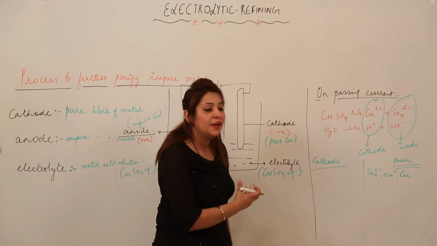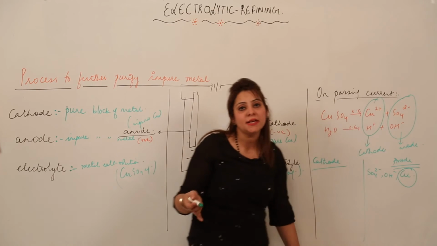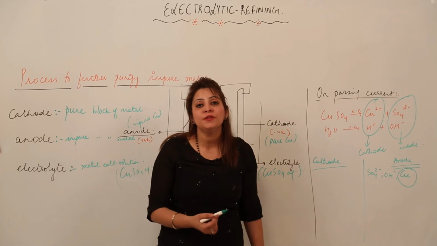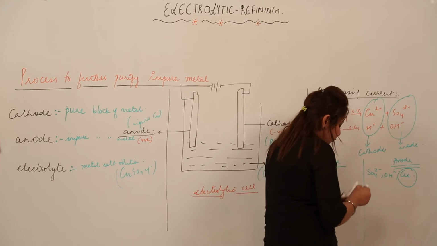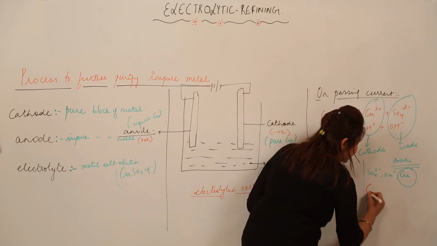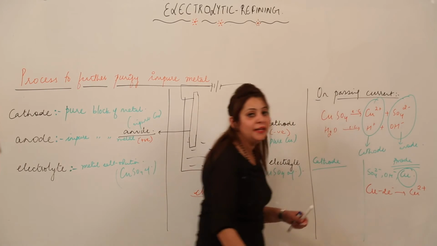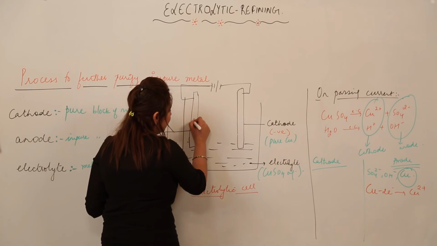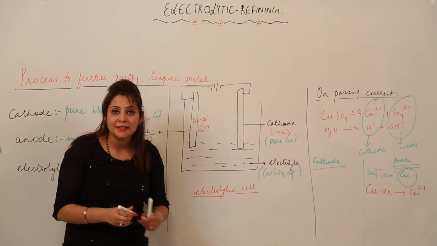And when we compare their discharge potentials, you know that copper has the lower discharge potential. So out of these three, copper is going to undergo a chemical change. What is going to happen? This copper will lose its 2 electrons and get converted into an ion. So here we see that Cu2+ ions are formed.